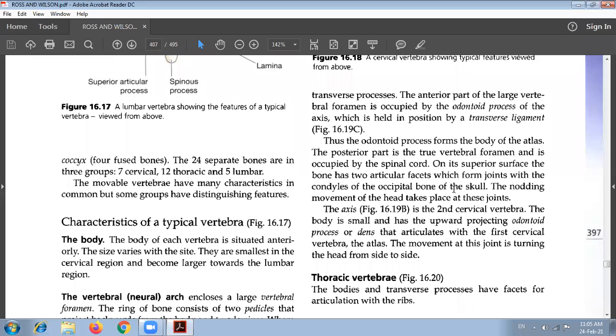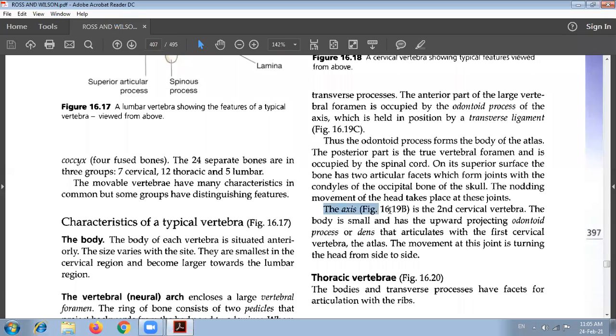So here you can see our occipital bone is situated on this atlas vertebra and this is joined to get the movement whenever we are moving. Our atlas vertebra is moving with the neck and it is moving on the basis of the axis vertebra.